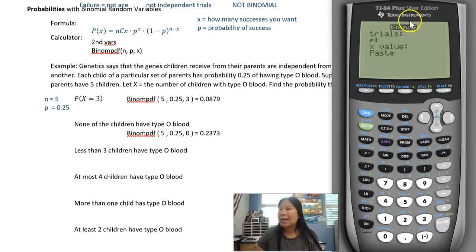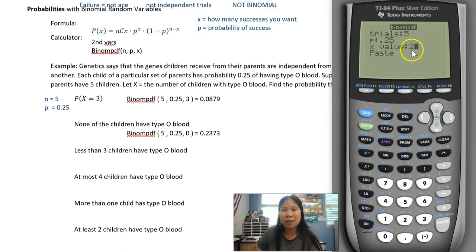When you hit enter, it actually asks you for the same things that it asked you for before. The only thing is when you type in your X value, so let me type in my trials is 5, 0.25 for my P. This time if I type in 2 as my X value, the calculator will automatically add up the probabilities for X equals 0, X equals 1, and X equals 2 together.